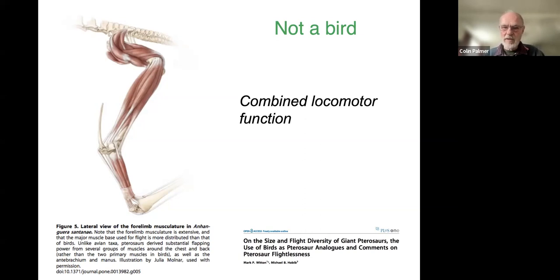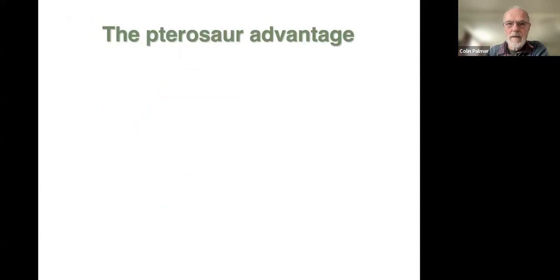So every bird is a compromise between muscles for its wings and muscles for its legs. If you're a pterosaur, you combine the two functions. So you're using the same engine, if you like, for takeoff as for flight. So pterosaurs are not birds, and actually most bird analogies for pterosaurs don't work well.